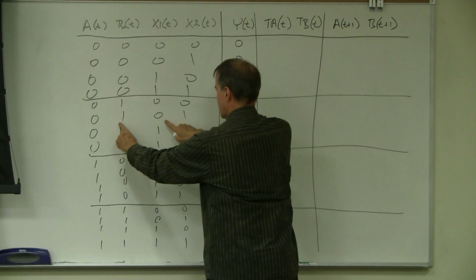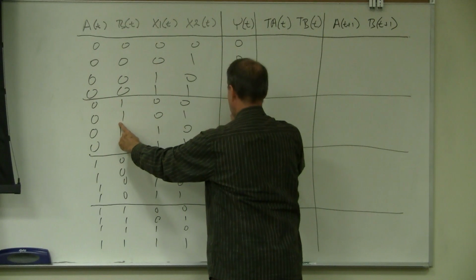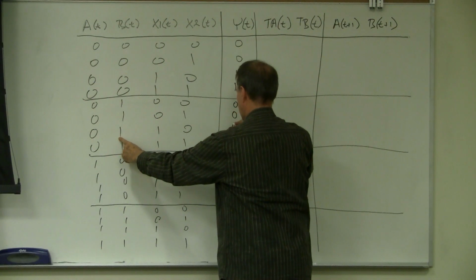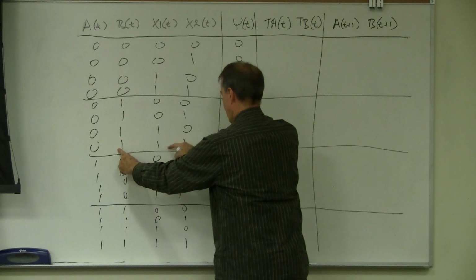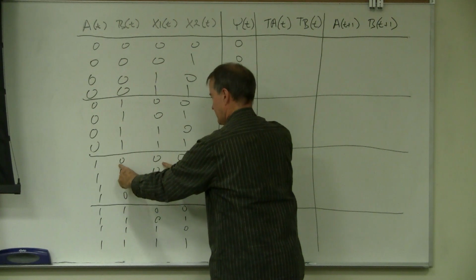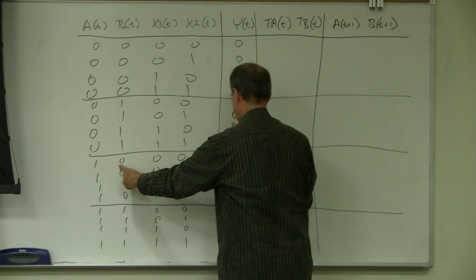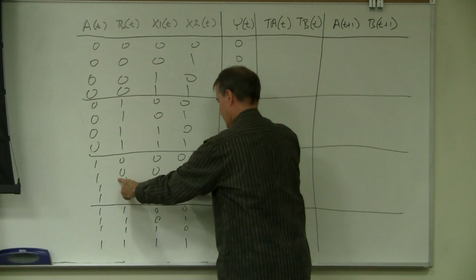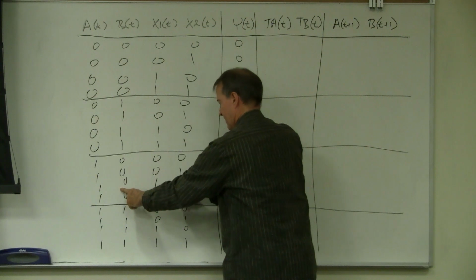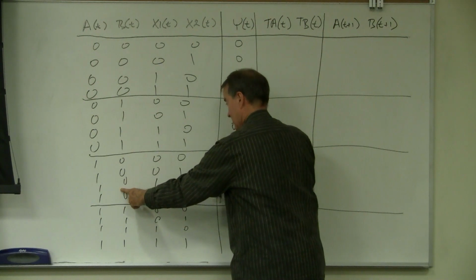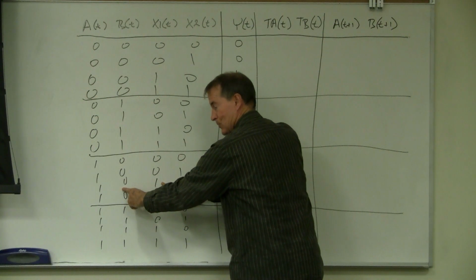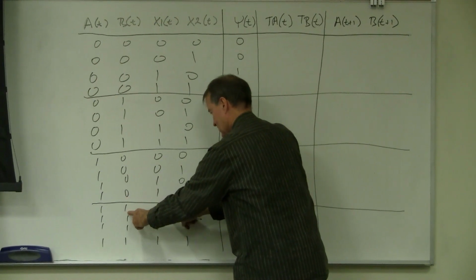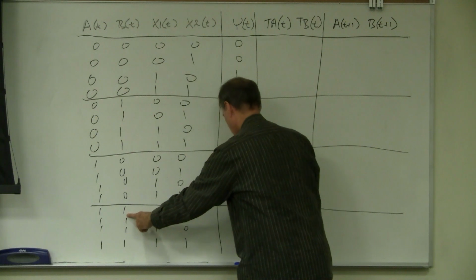0. Next. 0. 1 and not 1 is 0. Good, because 1 and not 0 is 1. This one? 1. This one? 0.